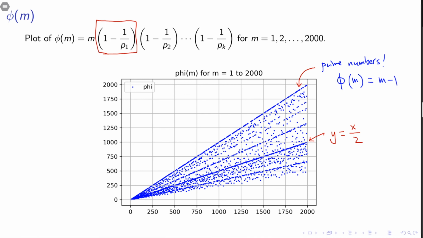Where you've multiplied by half. And well, possibly some other large prime as well. And you get something close to x over 2. Right? Now, of course, the more prime factors you have, the smaller phi will be. Right? So these numbers, for instance, are divisible by many prime factors because they're down there.